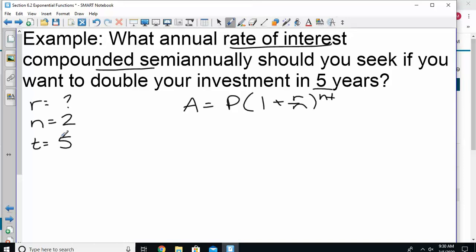So you could pick whatever number you wanted for your principal and then just double it for your A. Whatever A and P you pick, as long as you double the P, you will get the same answer.